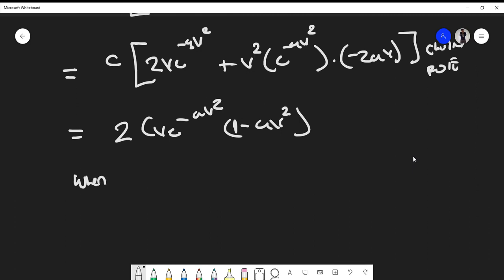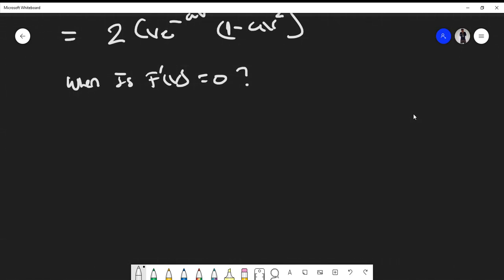Now, when is the derivative of the function f of v equal to 0? That's an important question to ask. We actually have to use a graph to explain this. We did say that 2cv e raised to the negative av squared is equal to 0 when v is equal to 0. I'm going to explain this on the graph below.